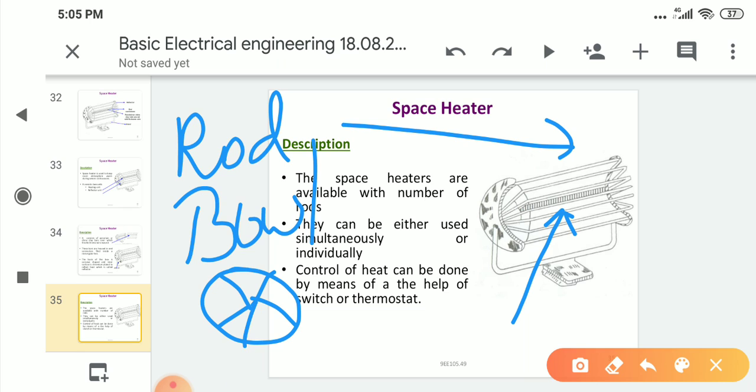So by providing a well polished, brightly reflective reflector on the back of this element, 80% of the heat can be obtained, otherwise heat will be lost. So this is a trick for improving its efficiency. A good reflector may be provided. This is about our space heaters.